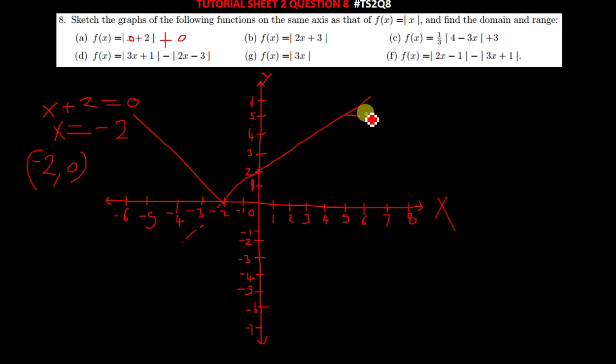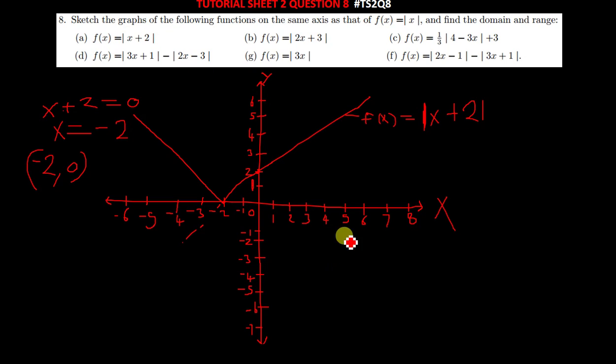You even name it: f of x is equal to the absolute value of x plus 2. This is how your graph is going to look.